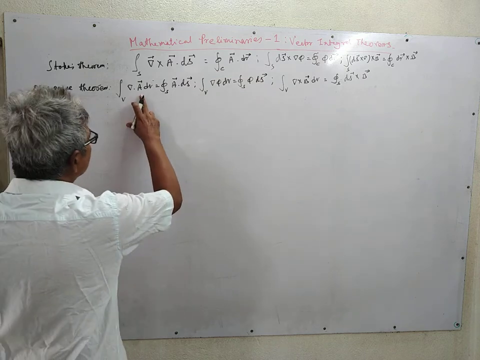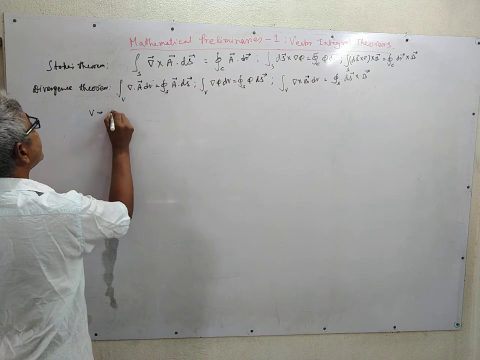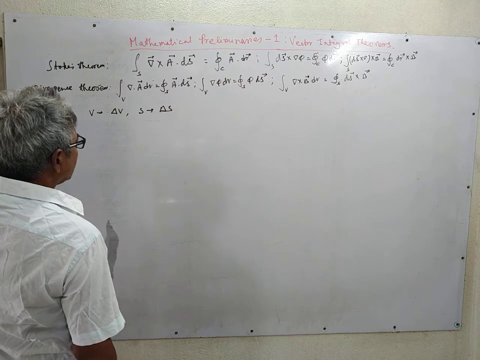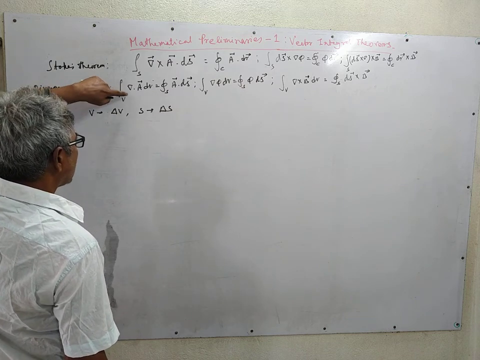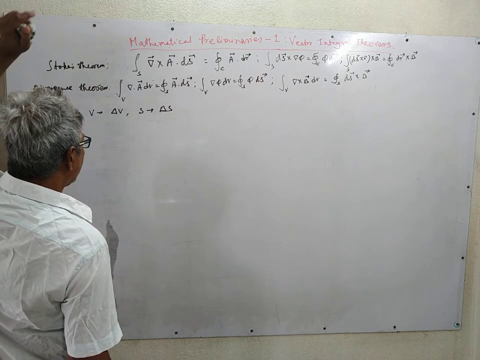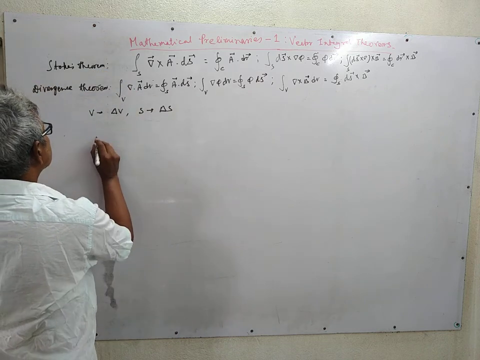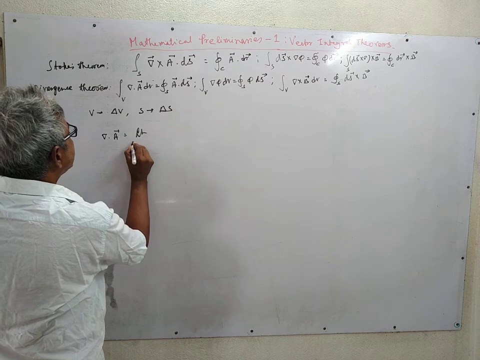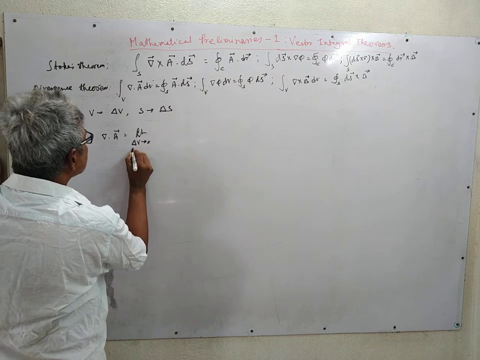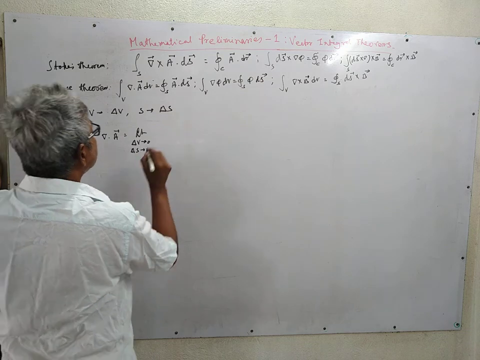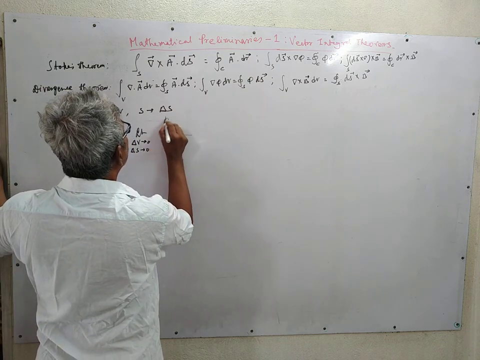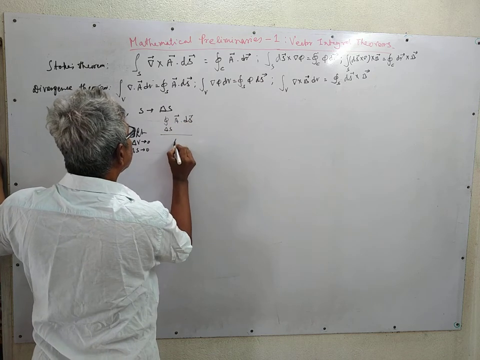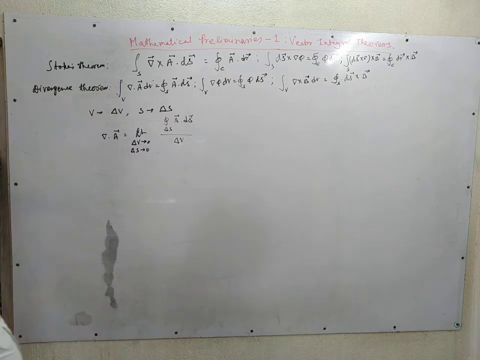If we apply this over a small volume V going to delta V, so that S is going to delta S, and we consider that the volume is so small that A remains almost constant on this volume, in which case we can write divergence of A is equal to limit delta V tends to 0, consequently delta S tends to 0, of the closed integral over delta S of A dot ds by delta V. This is the definition of divergence.